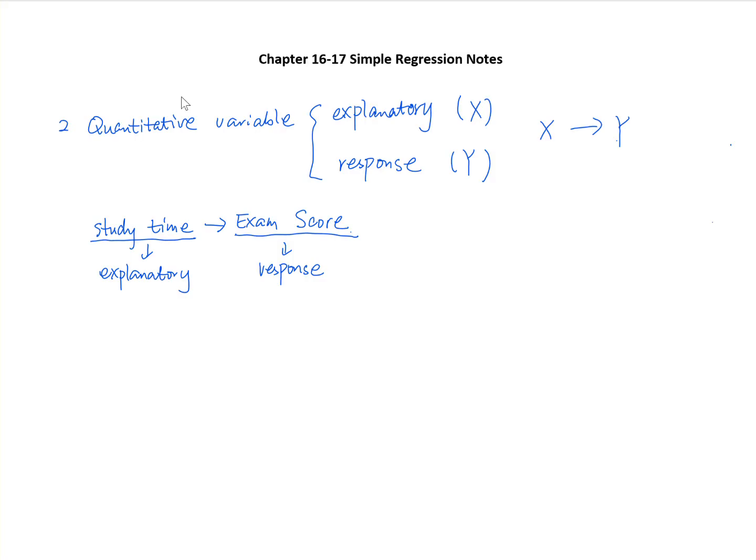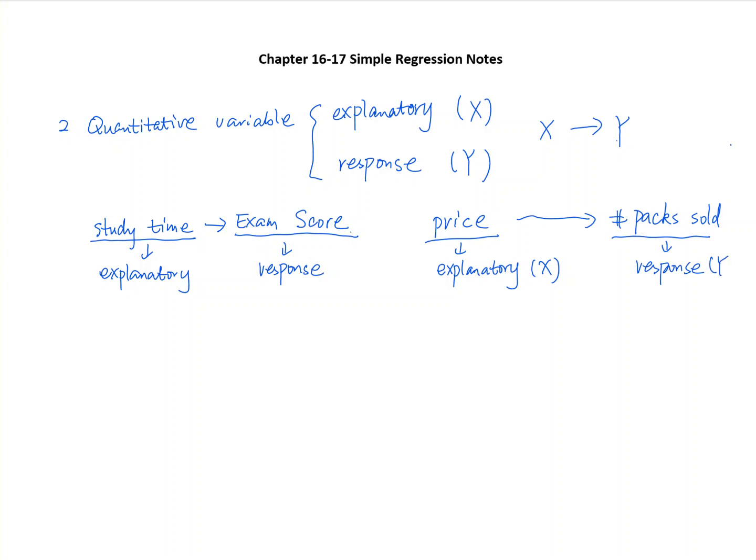So here we have the price, the explanatory variable, which is x. The price will affect the number of packs sold in the store. So this is the response variable, which is y.